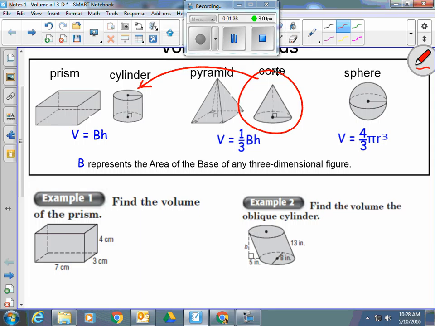And the same thing with a sphere, but I haven't quite figured out how to make a visual for you to describe what it's doing here. But I do have one for the pyramids. Okay, what do I have here? 3 pyramids. It takes 3 pyramids to make a prism.